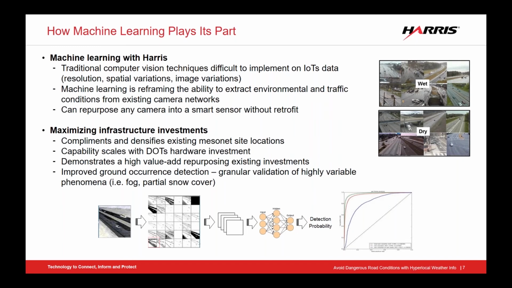Where the wheels of the cars may be, they may be clean of snow, but the rest of the road is not. The technology that we're putting across shows a complete picture of the road, even going to the point of figuring out which particular lane has snow cover and which one does not. Okay.